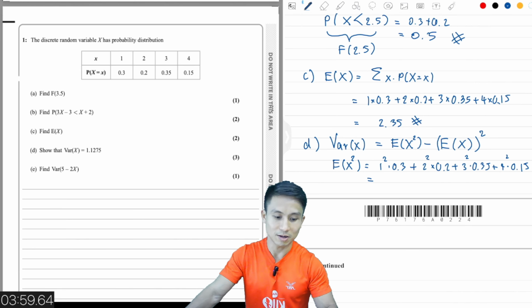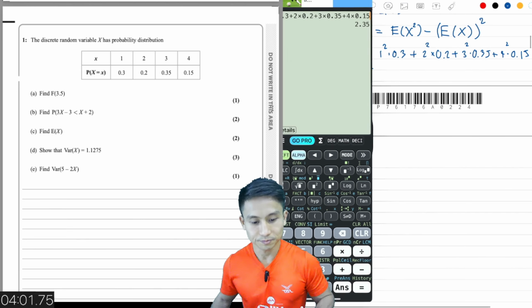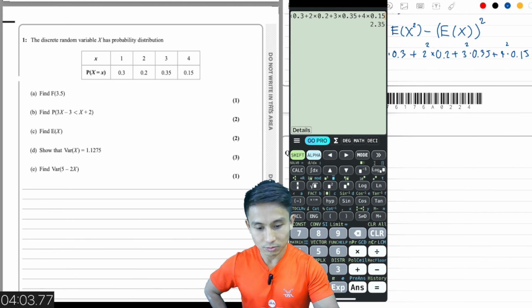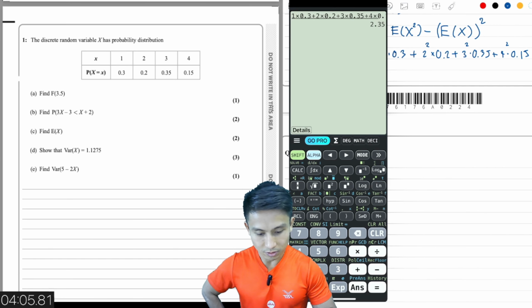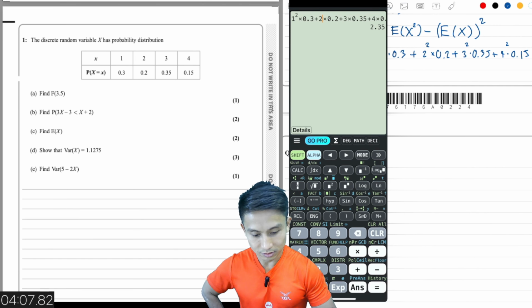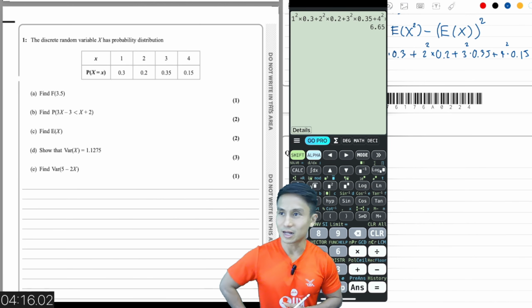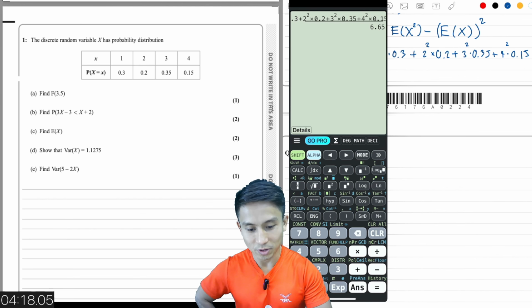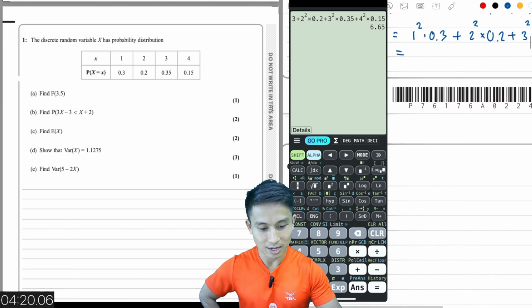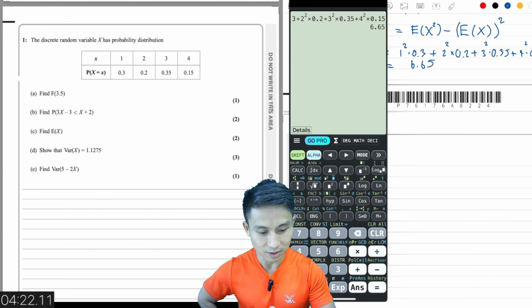If you add them up, then you get E(X squared). I'm just going to use the calculator and add the square on each term, and that should be it, 6.65.